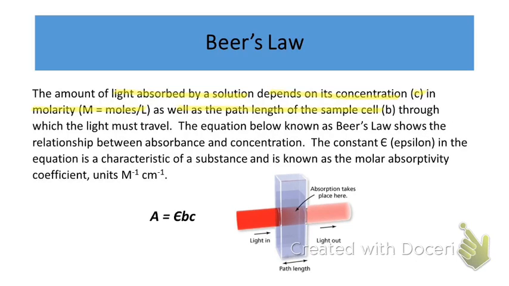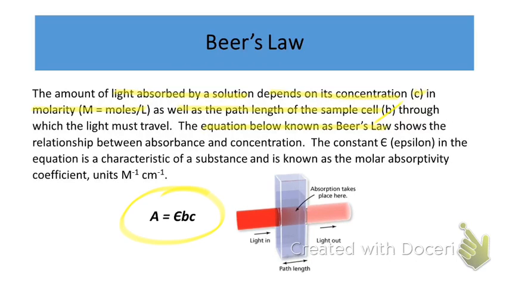The length symbol in Beer's law is B. So C is concentration and B is the length of the pathway that light must travel through the cuvette. The equation of Beer's law is shown right here.